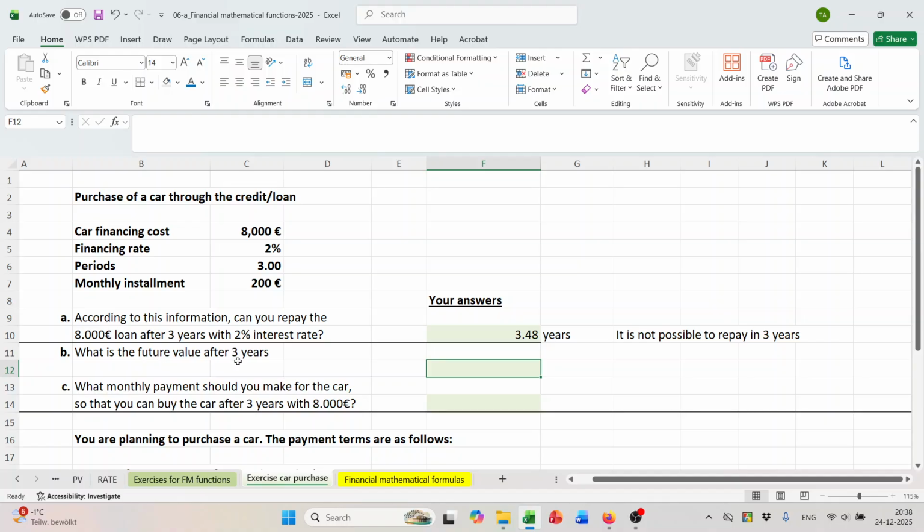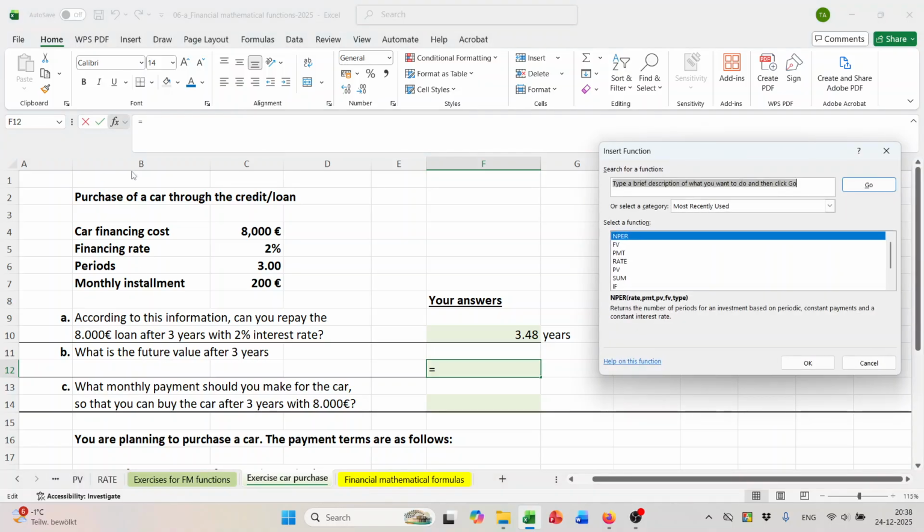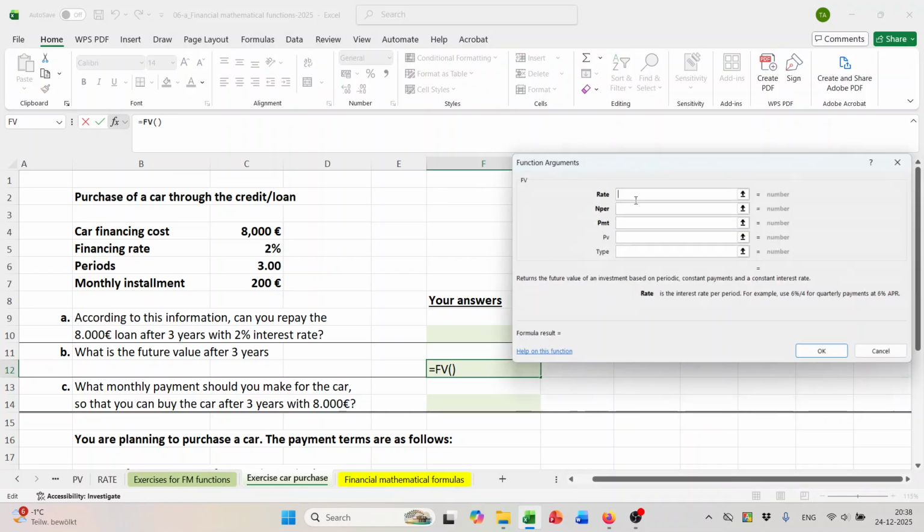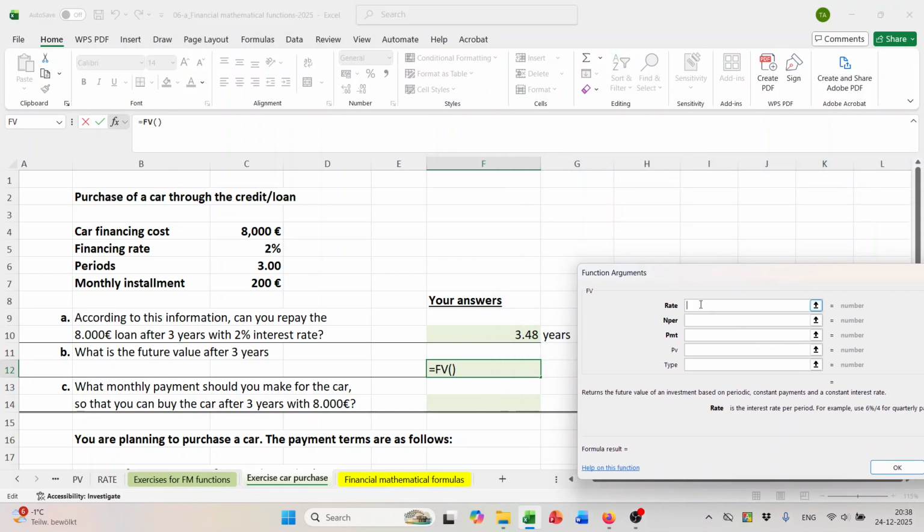So what is the future value after 3 years? Let's calculate the future value. Our rate is 2% as well. Our period, we asked for 3 years. Payment same, monthly installment 200 euro, negative sign, and for year we have to multiply it with 12. Present value is 8,000 euro.